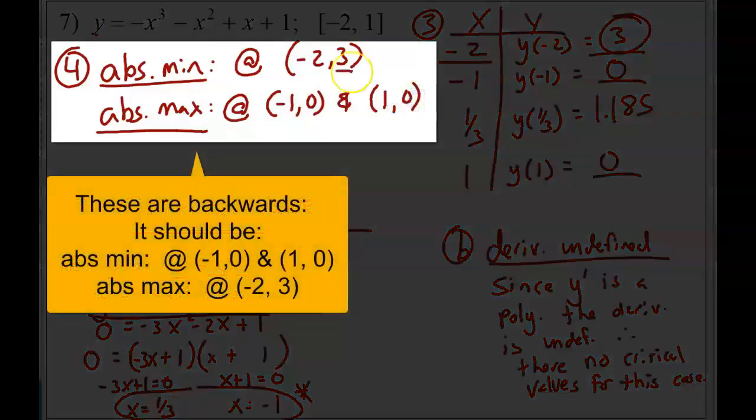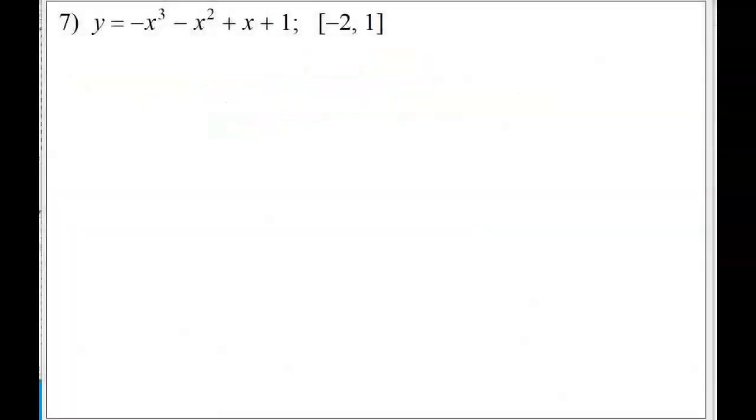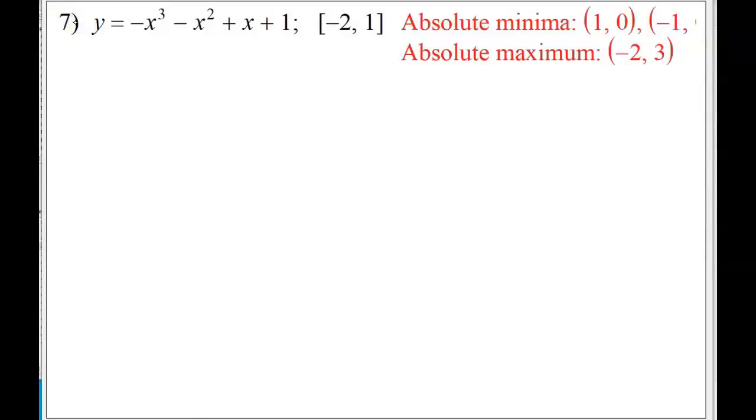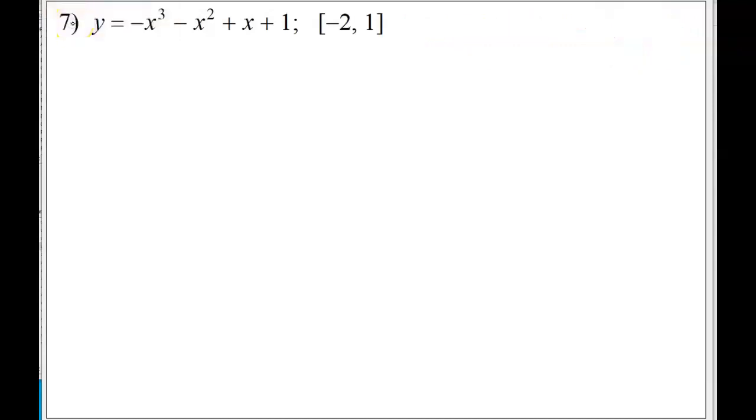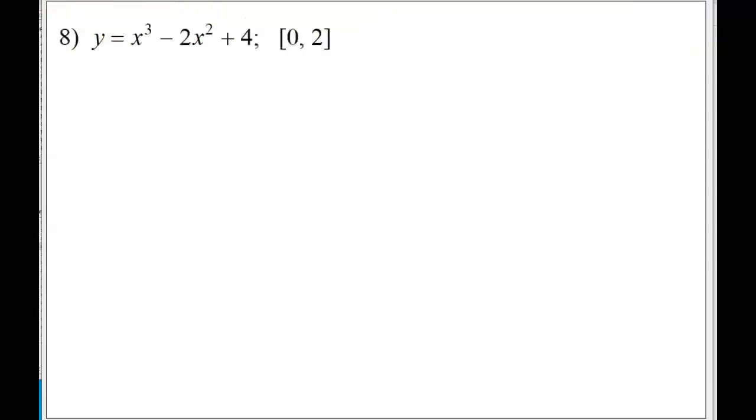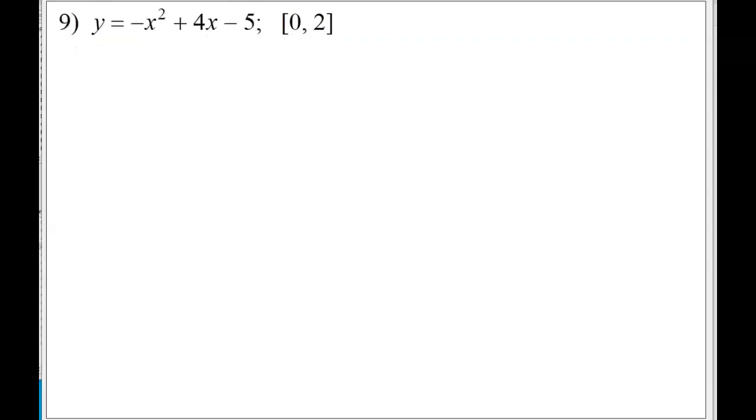Now technically just the y values are the absolute extrema, but you can write it as a point, and I'm kind of curious how they do it on this test, so you guys can be prepared. It doesn't really matter. This is like a free response test, but they write it as a point. But we're not doing multiple choice, so it's all good. It's just free response. So however you guys want to write it is fine with me. So there's one for you, and I'll let you guys handle that one on your own.